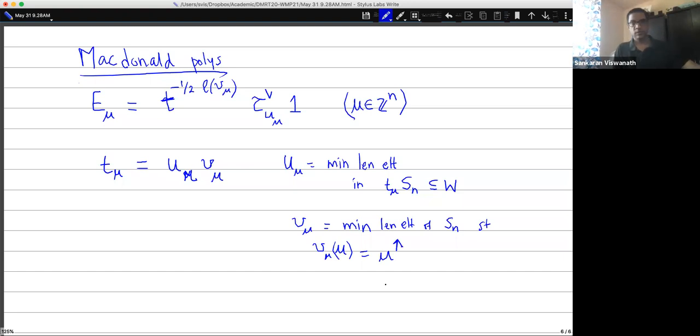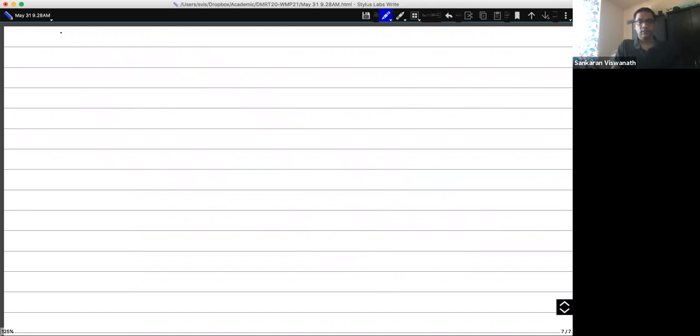Okay, so those were the definitions of the u mu's and the v mu's. And the key property here, which I didn't derive last time, but let me do it now, is that these are eigenfunctions for the action of the y's. Okay? So the question is, y is, let's go a bit below.